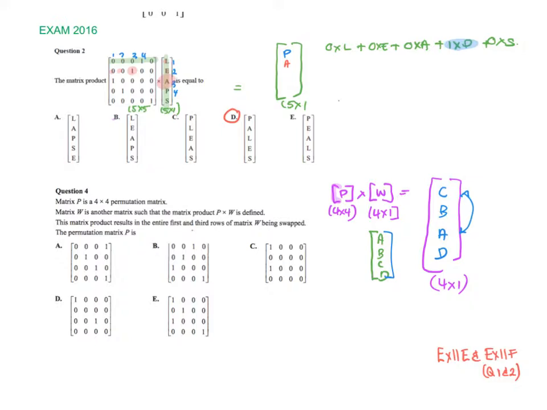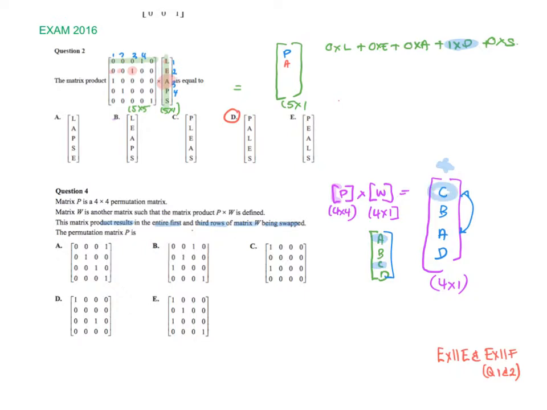So, just to repeat, the result, which is here, wants the entire first row and third row of matrix W being swapped. So that means this is row 1 and this is the third row. They want them swapped.